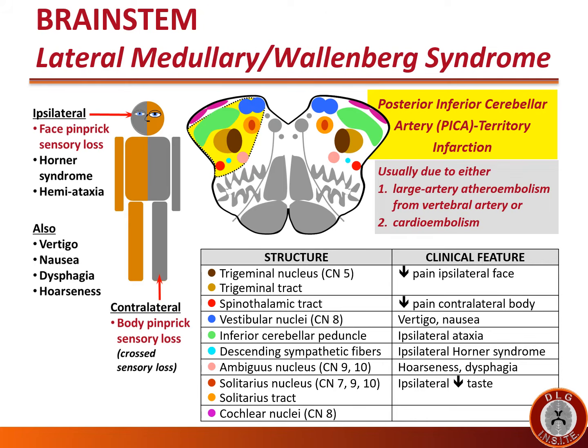In other words, crossed sensory loss to pinprick and temperature. You also have ipsilateral Horner syndrome, ipsilateral hemiataxia, and very prominent vertigo, nausea, dysphagia, and hoarseness in some people. The reason for these various clinical findings and the structures responsible for them are in a table on this slide.